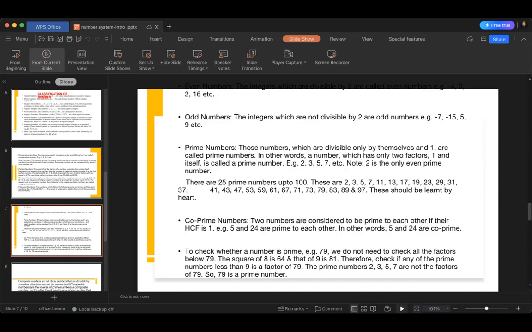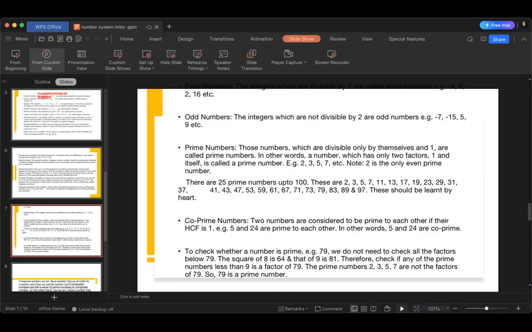Next, addition or subtraction of an even number from an odd number will also result in an odd number. The same thing is flipped here: first we took an odd number and an even number, here we have taken an even number and an odd number.